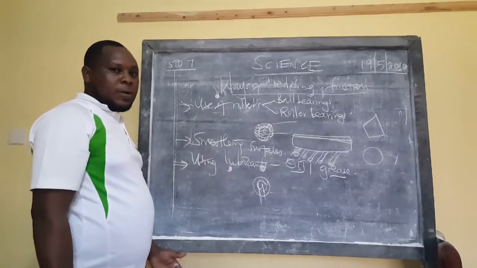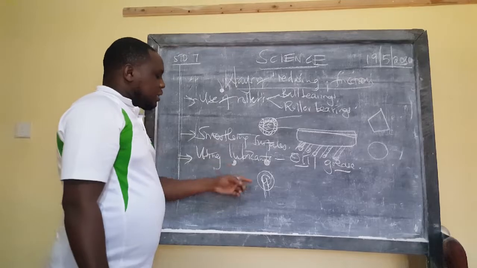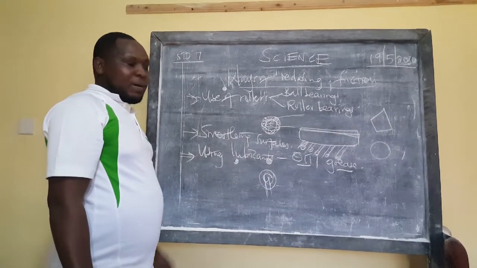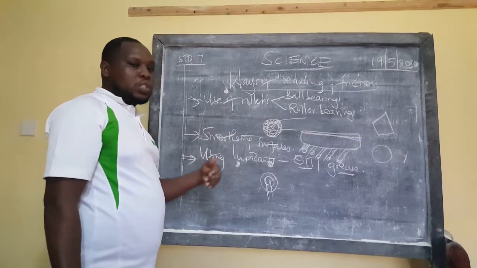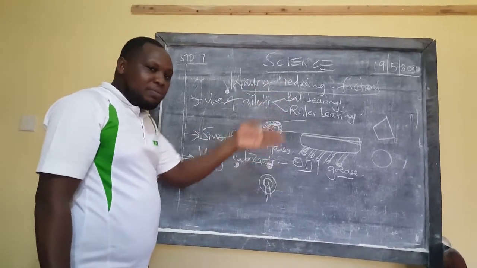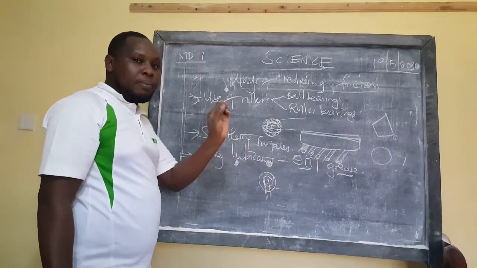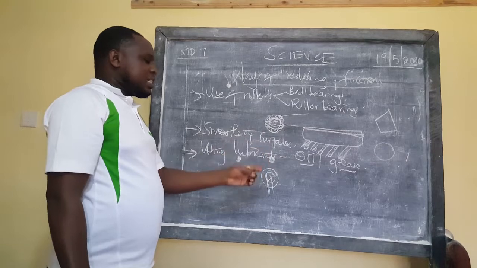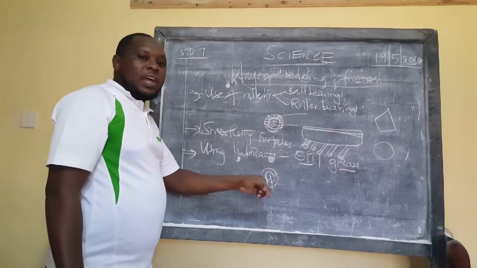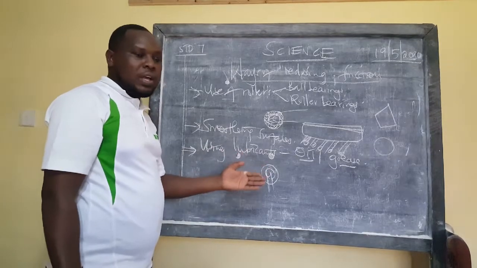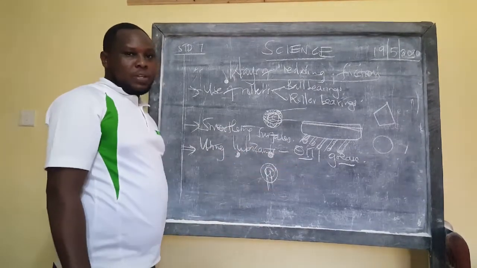That sound is because the metal is lying on the other metal of the wheel. But when you oil it, that sound goes away because you have provided a cover in between. A thin film has been created between the two metals, so that the axle does not lie on the wheel. So the wheel moves smoothly, depending on the grease you have put there.